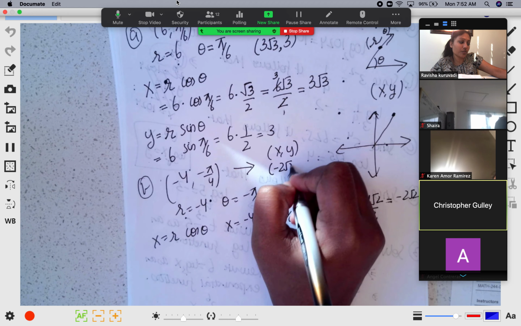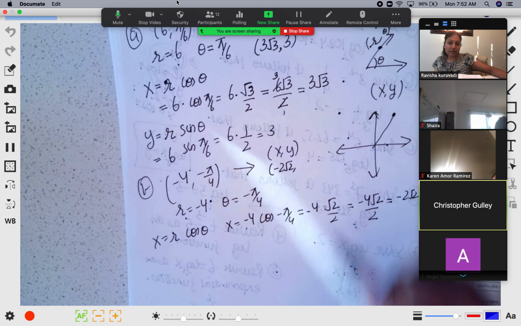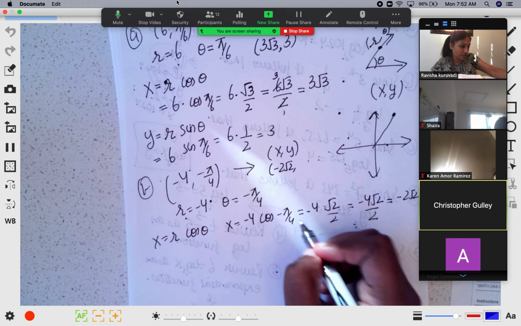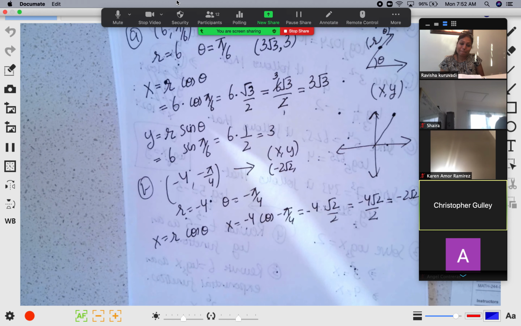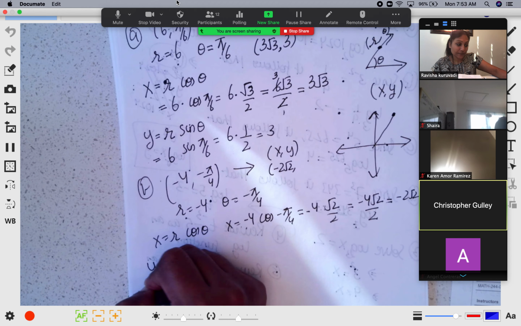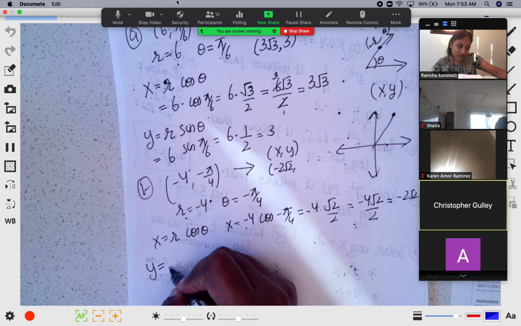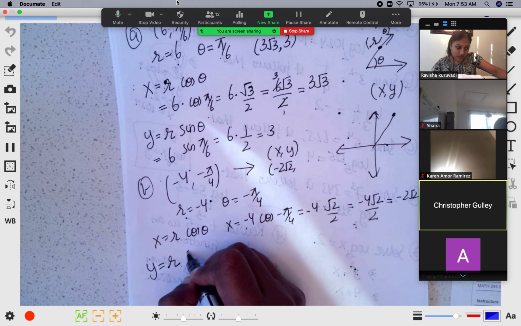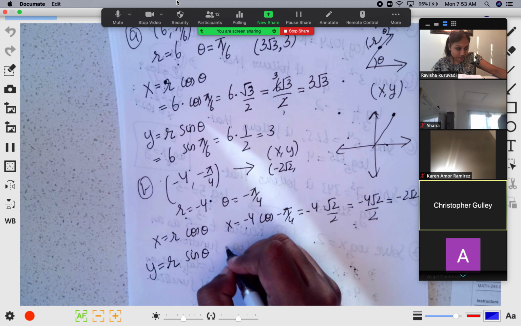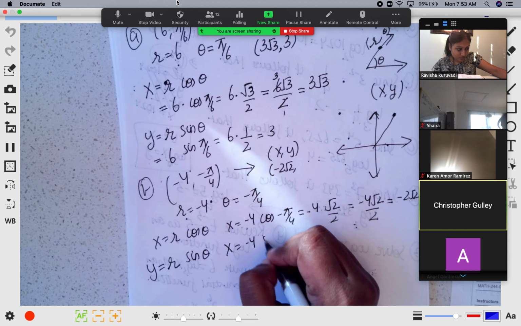How did you know it is root 2 over 2 for -pi over 4? Pi over 4 is 45 degrees, but since it's negative, I went down 45 degrees, which is 315 degrees. Really good, exactly. How do you find your y? Y is r sine of theta, so -4 sine of -pi over 4.